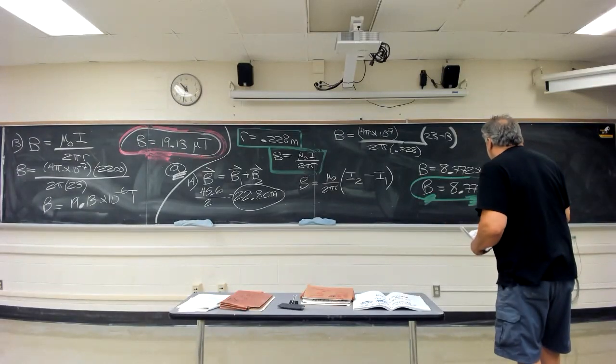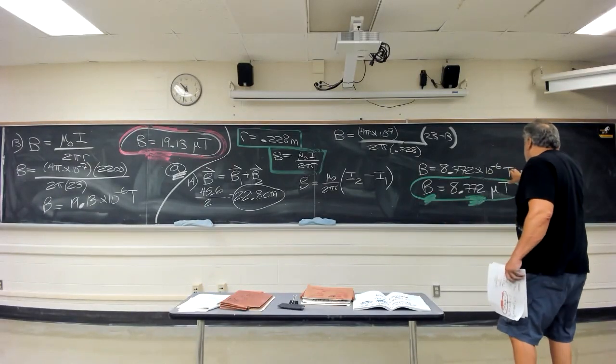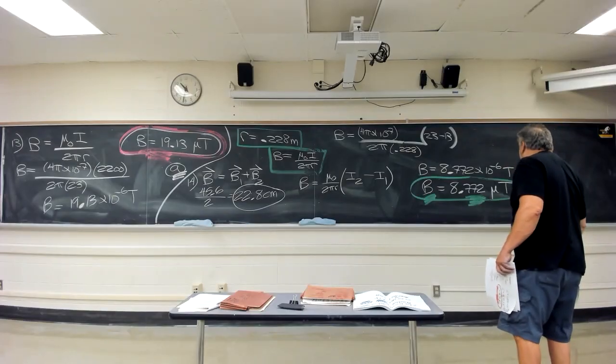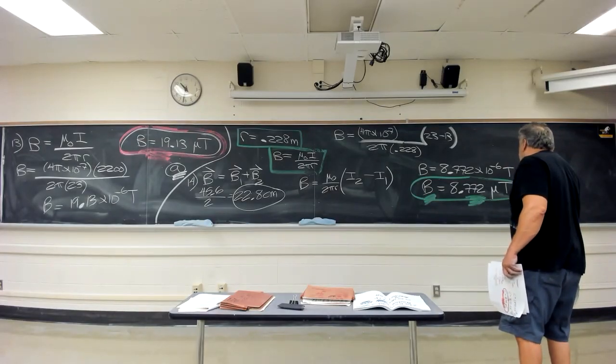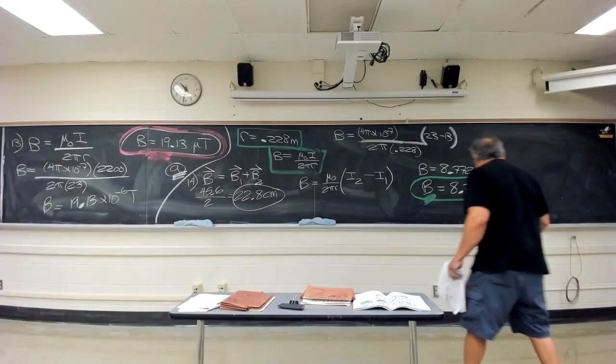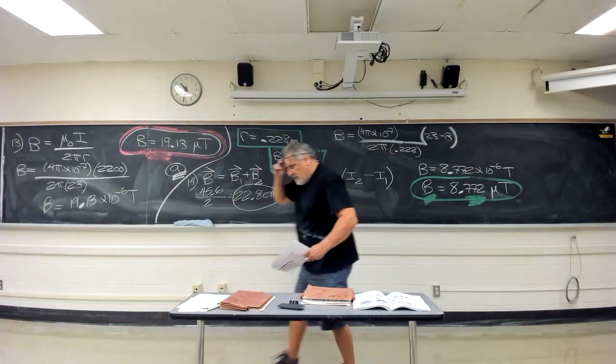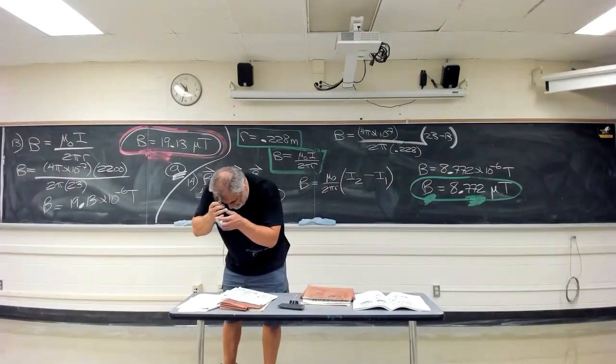And there it is, guys. B is going to be, and again, the 10 to the negative 6 is micro. So it's 10 to the negative 6 Teslas, microteslas we're talking about. 8.772 microteslas.